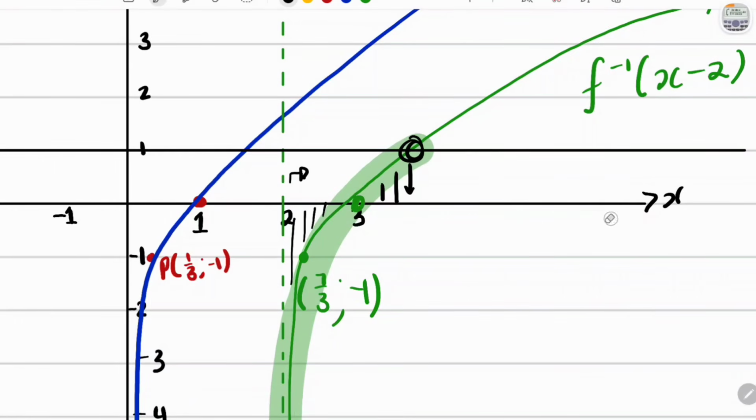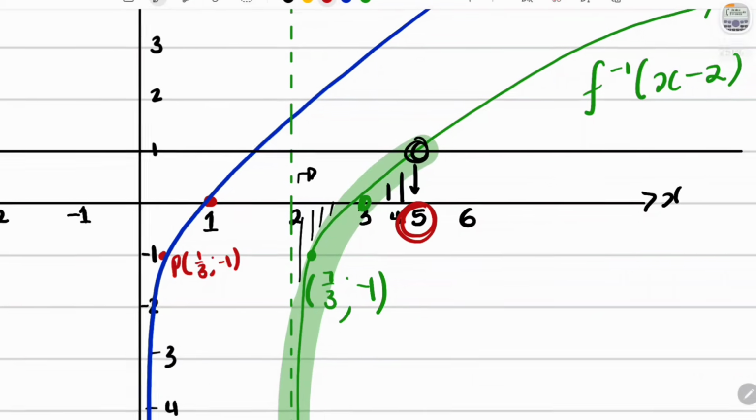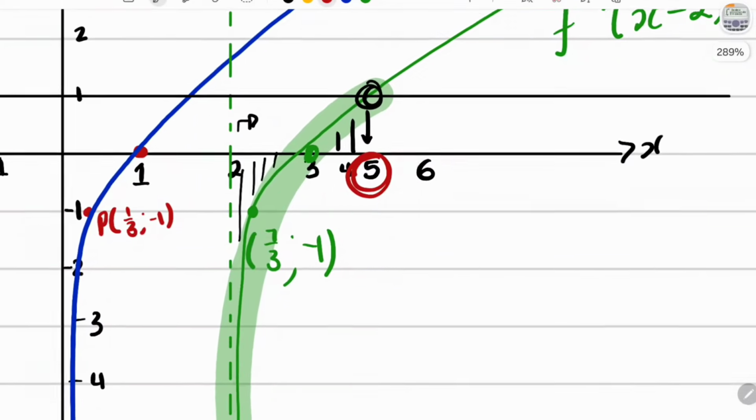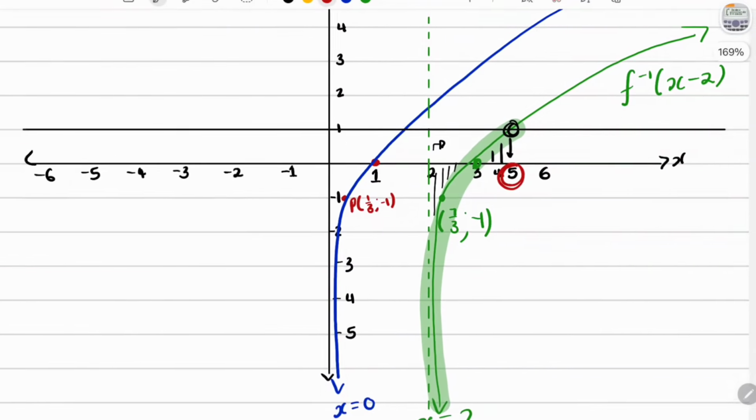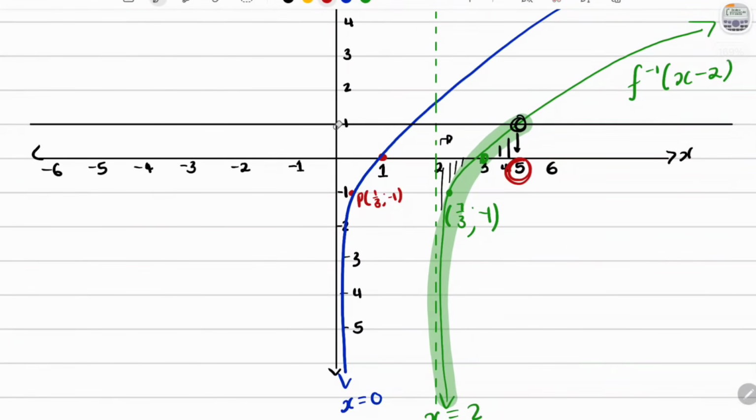That this happens at the point where x is equal to 5. My numbering is obviously not too good here. So maybe we have 4, then 5, then 6, okay? So it happens here where x is equal to 5. That's where it stops. So we can see now that the places on the green graph that have a y value lower than 1 start here and then shoot down like that.